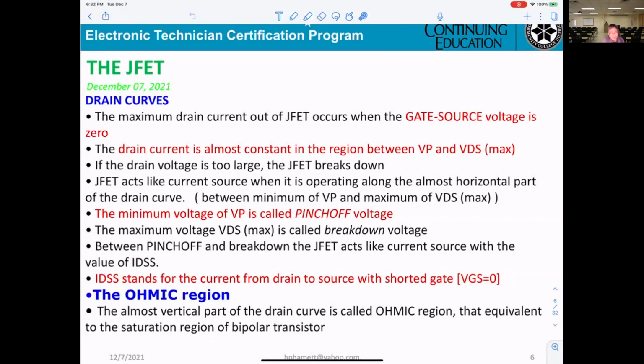After I understood, I tried to combine whatever you need in order to understand the JFET. In order to do it, I also recommend reading it over.